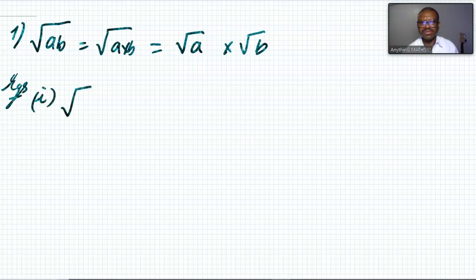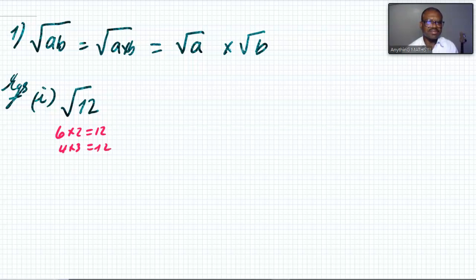The square root of 12. Now this is where the idea of square numbers comes in. We can write 12 in many ways. 6 times 2 will give us 12, and 4 times 3 also will give us 12.